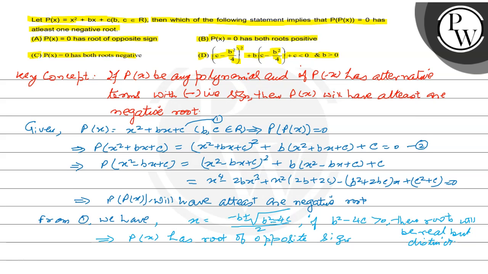But if we change x to minus x, we are getting plus x. So P(x) has roots of opposite sign due to this. So this is option A. Option A is correct.